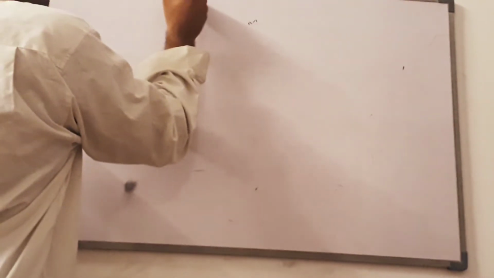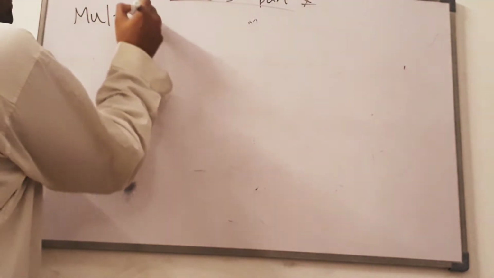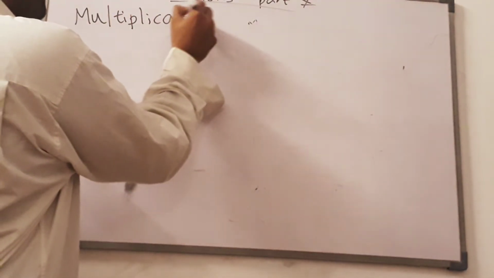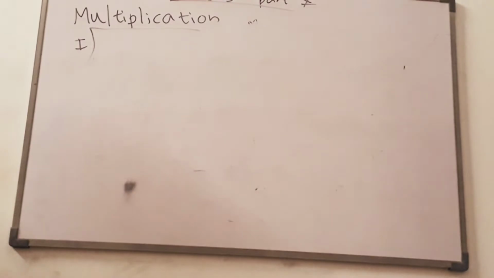Fractions, part 10. Under fractions part 10, our subtopic is multiplication. Under multiplication, first I am going to multiply a fraction with a whole number.